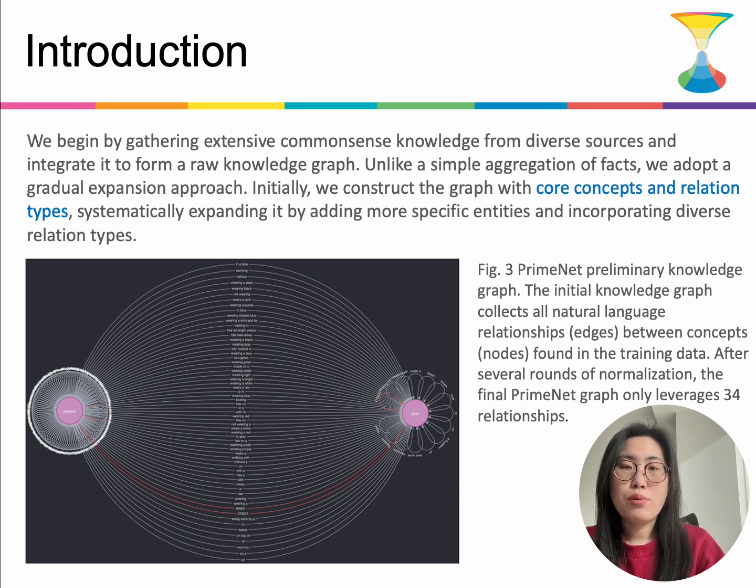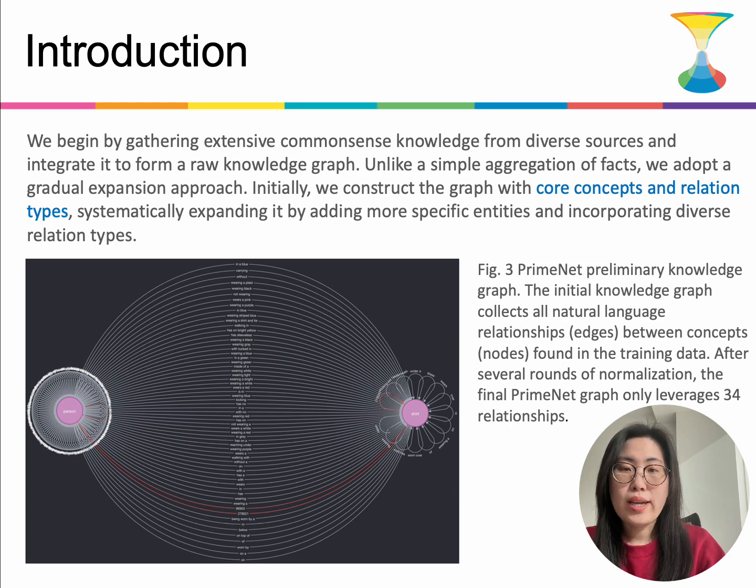Figure 3 shows a PrimeNet preliminary knowledge graph. The initial knowledge graph collects all natural language relationships between concepts found in the training data. After several rounds of normalization, the final PrimeNet graph only leverages 34 relationships.